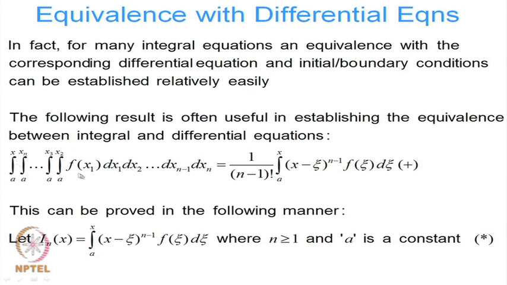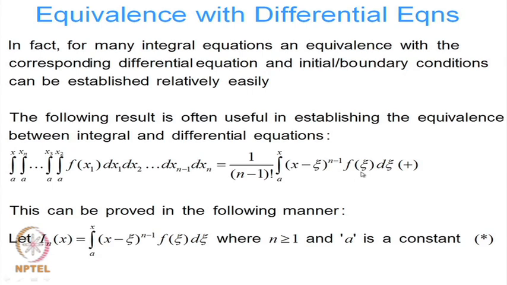So this function of a single variable, I am integrating it n times with variable limits, and I end up with a certain function. And it can be shown that doing this integration n times, instead of this, if I performed this integration, I would get the same result.